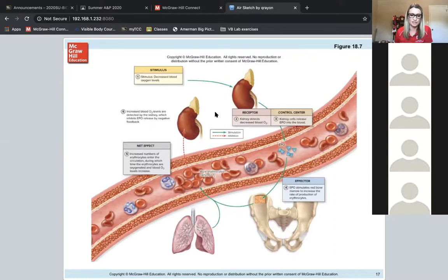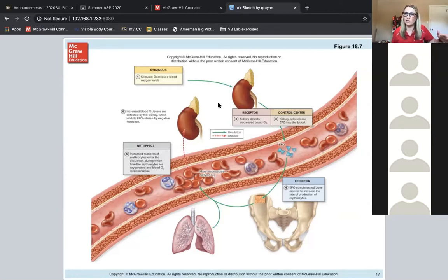It tells us what the stimulus is, and then the kidneys release erythropoietin, which stimulates erythrocyte formation. Hemopoiesis happens in the red bone marrow. I don't think I mentioned that, but that's the site of hemopoiesis in adults.